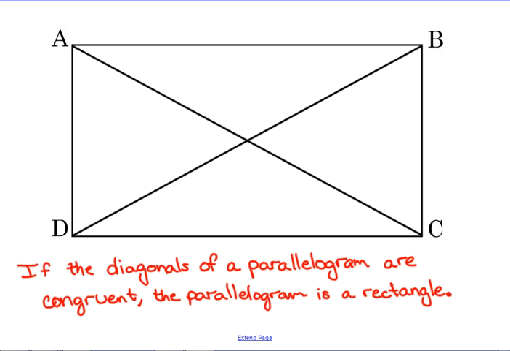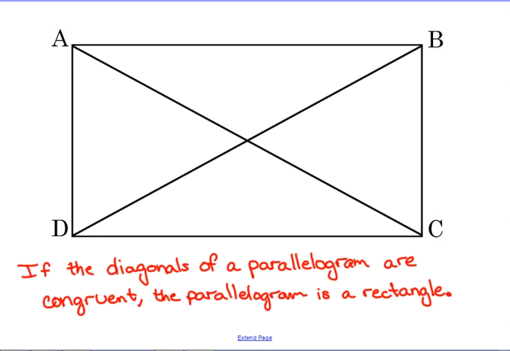If you compare those two diagonals from B to D, it may not be super obvious, but if you look at it hard enough, you can tell that the diagonal from B to D is longer than the diagonal from A to C. But if you've got a rectangle, those diagonals have exactly the same length.